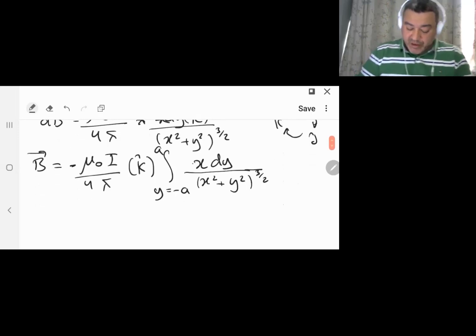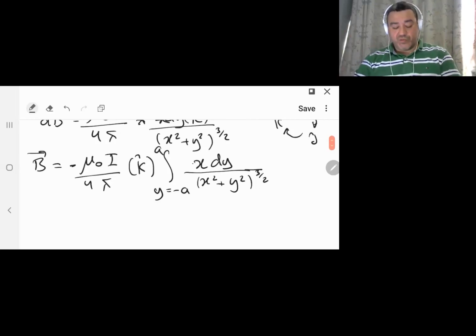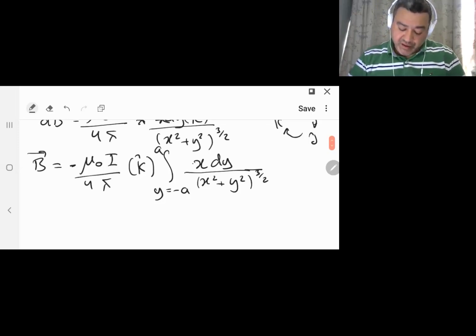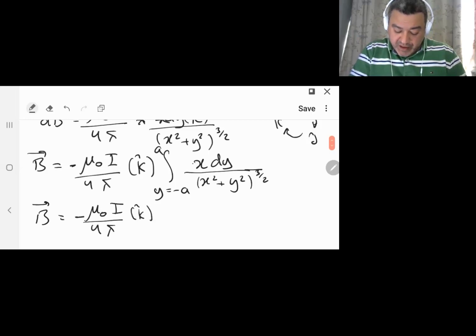Okay. Now this integration does exist in the table of integrations, exactly the same way we used it for the electric field. Then substituting this integration, it will give me B equals minus mu naught I over 4 pi k hat.